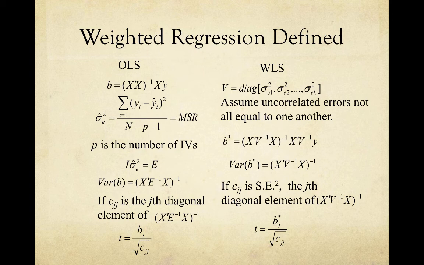The variance of the B weights is the inverse of X prime X, whole thing inverse, and the diagonal elements of that are labeled C sub jj, so 1,1, 2,2, 3,3, the diagonal elements.